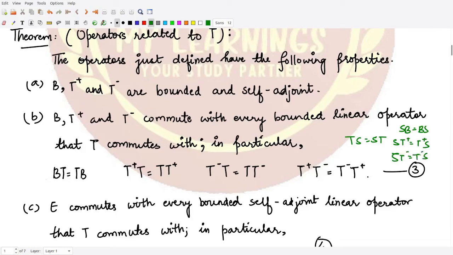This is what the theorem says. In particular, because T commutes with T, it would commute with B, T positive and T negative, and so all of them commute with each other. So let's prove this.